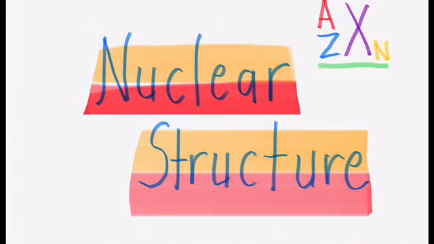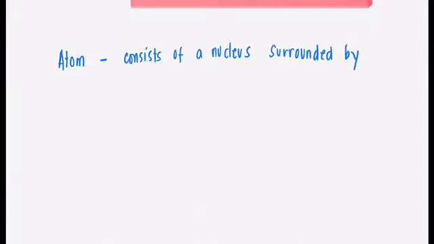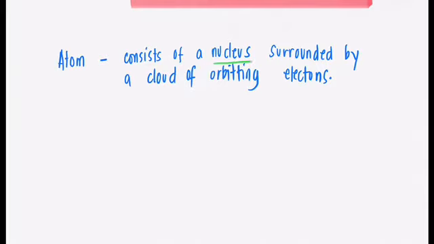We start with the conventional atom, wherein it consists of a nucleus surrounded by a cloud of orbiting electrons.